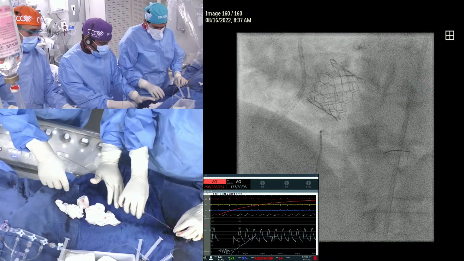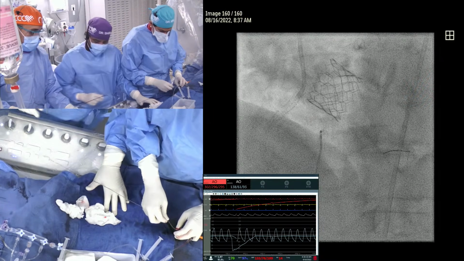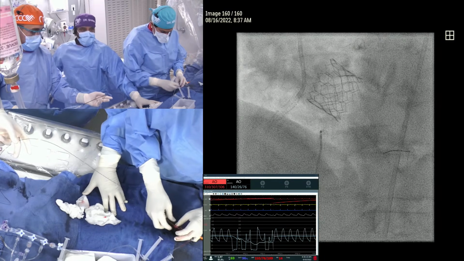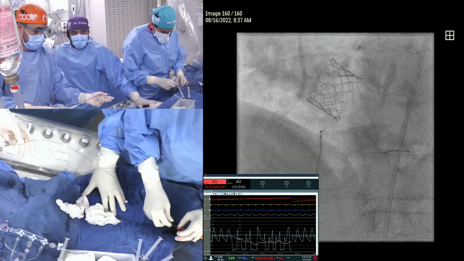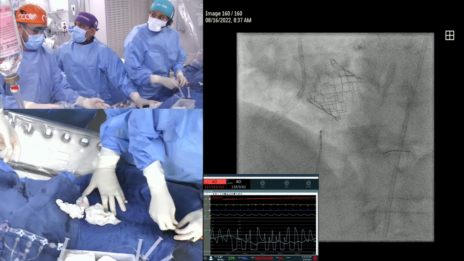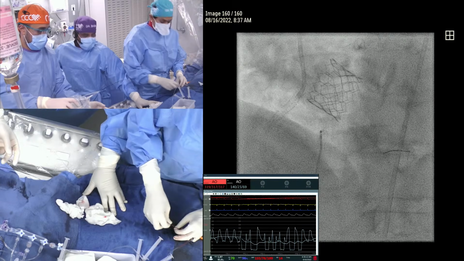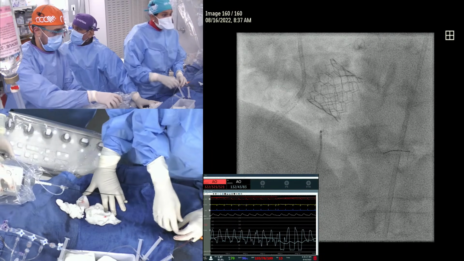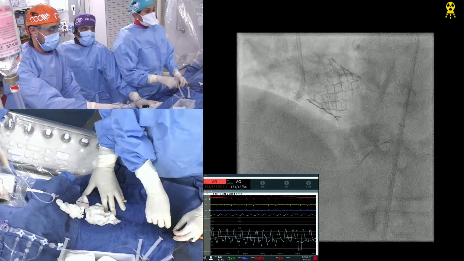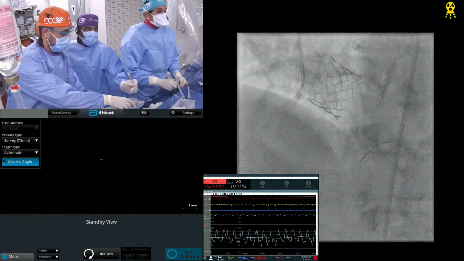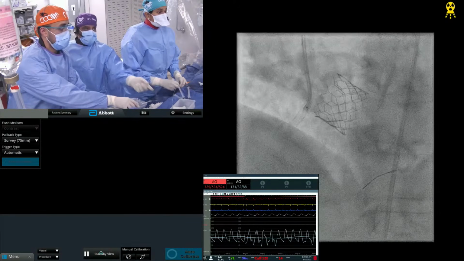But I'll just show the data for ISR. For the first episode of DES ISR, the treatment is re-DES, and that has been better than drug-coated balloon. Once you get a recurrent ISR or a small vessel, maybe that's where your drug-coated balloon may come in. So if the vessel is less than 2.5, or you have more than one layer of stent, then drug-coated balloon will have better long-term results compared to the re-DES.